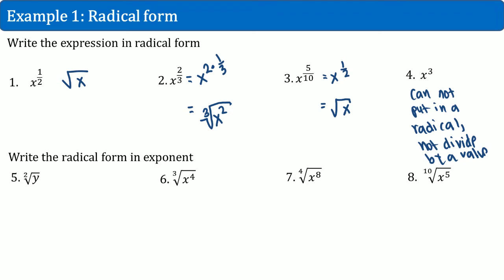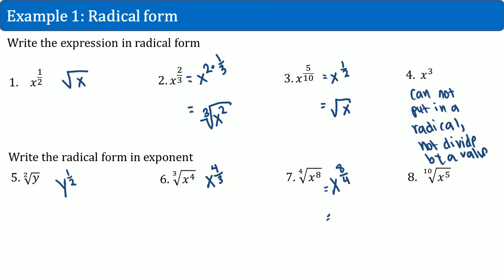Next, this time we're going to convert from the radical form into the exponent form. Here we saw it is the square radical of y, so it can just be y to the 1/2 power. That's ugly, let me write it better: y to the 1/2 power. Next, we have x to the 4, and the radical here is 3, so we just divide this by 3. Then x to the 8, and it's a 4 radical, so we just divide this by 4.